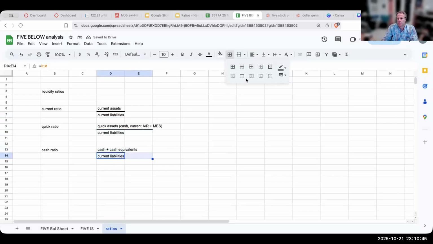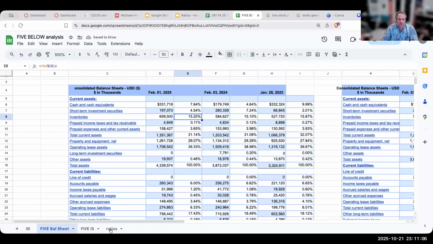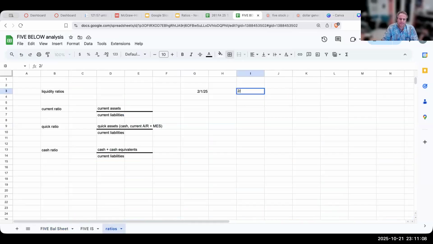Why are we choosing 2 years? You could actually do it longer, but it's essentially the best way to assess a company's liquidity. So 2/1/25, and then over here 2/3/24.